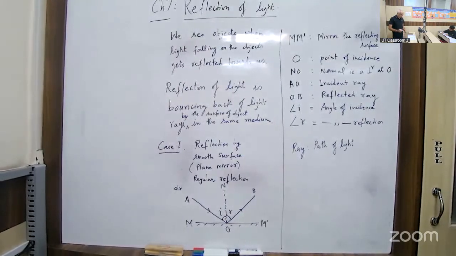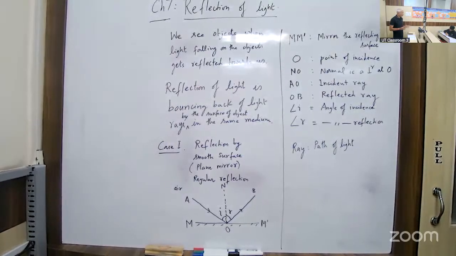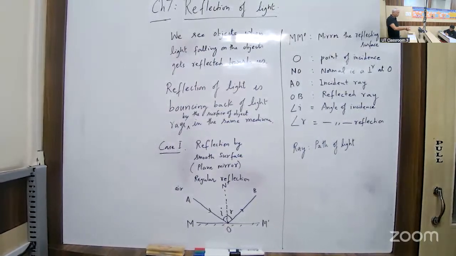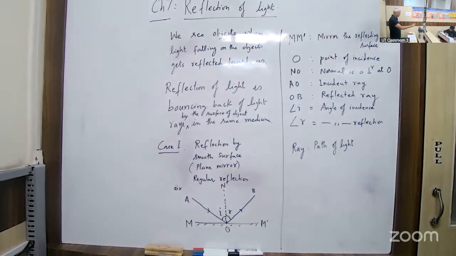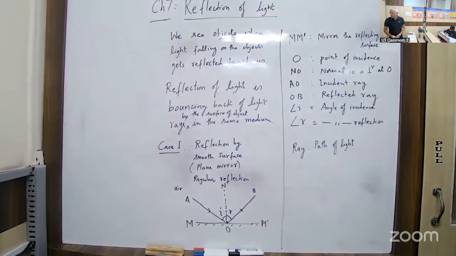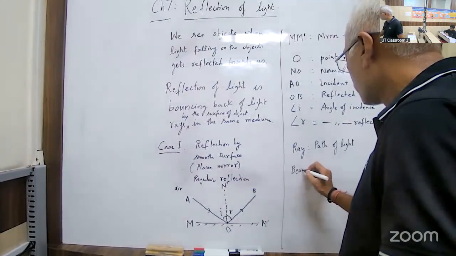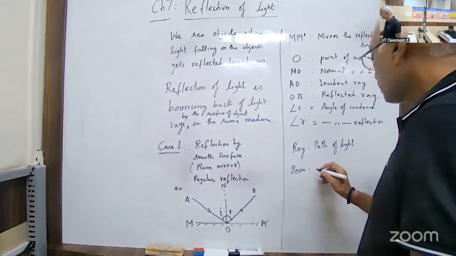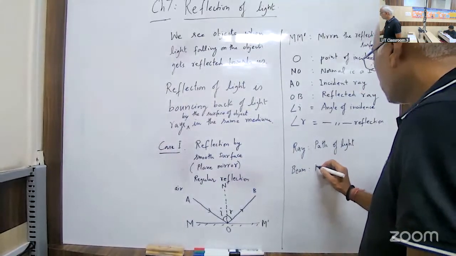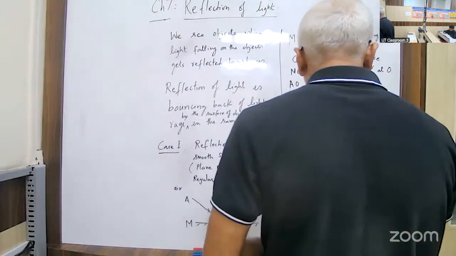But when you have a source of light, it emits an infinite number of rays. Let's say you have a torch. When you switch on the torch, it's not just a single path of light. There is a bunch of rays moving together in the same direction. That is called a beam. So a beam is basically a bunch of rays.